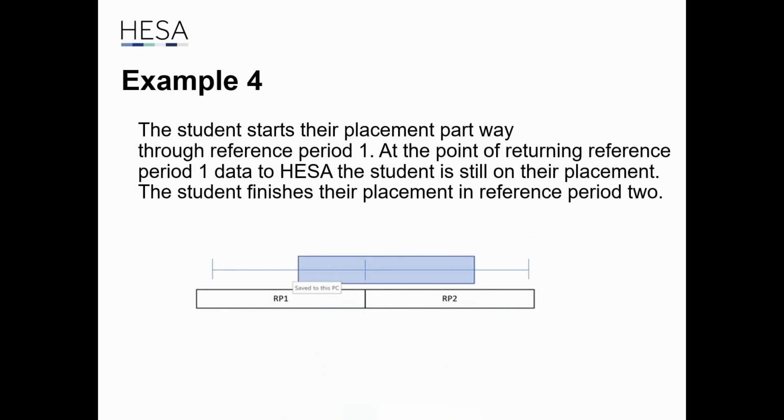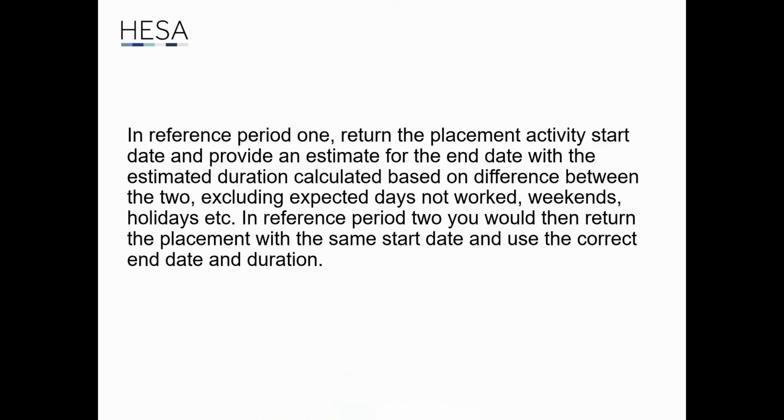So example 4: a student starts their placement partway through reference period 1, and at the point of returning reference period 1 data to HESA, the student's still on their placement. The student then finishes their placement in reference period 2.